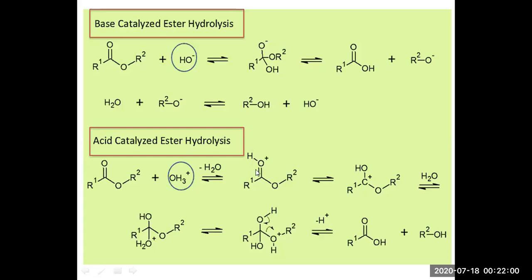Once this undergoes protonation, it breaks down to give you a carbocation. The carbocation form undergoes hydrolysis via this intermediate and forms an acid and alcohol as products. So here again, after ester hydrolysis, you're getting acid and alcohol as products. The only difference is that their mechanisms are totally different.